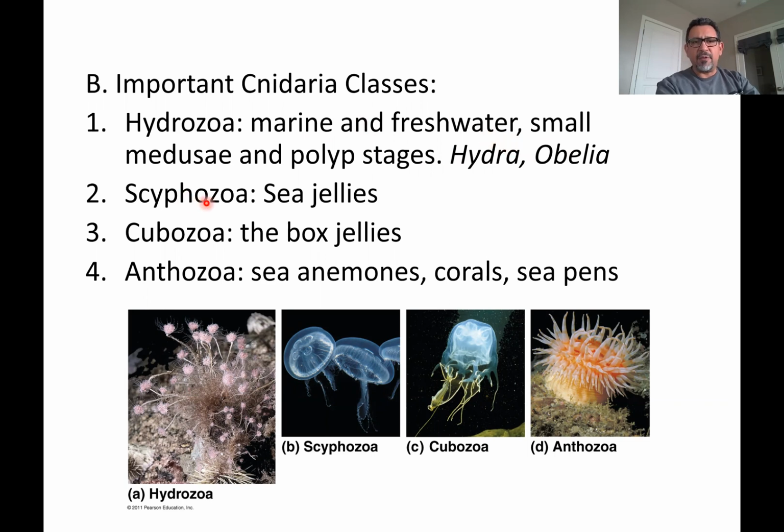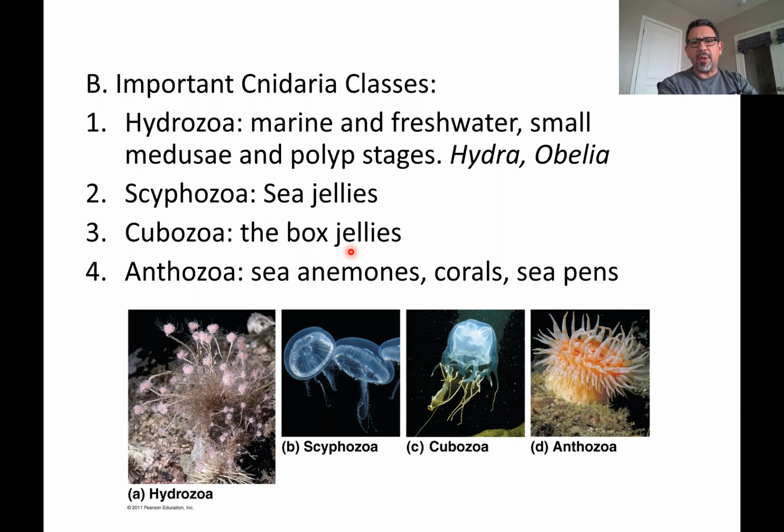The Scyphozoa is going to include most of the sea jellies, what people call jellyfish. It's kind of not the best name for the sea jellies because they're not fish. So sea jellies is better. So animals with this Medusa type of body that you can find in the oceans, that is what is classified into this class, Scyphozoa.